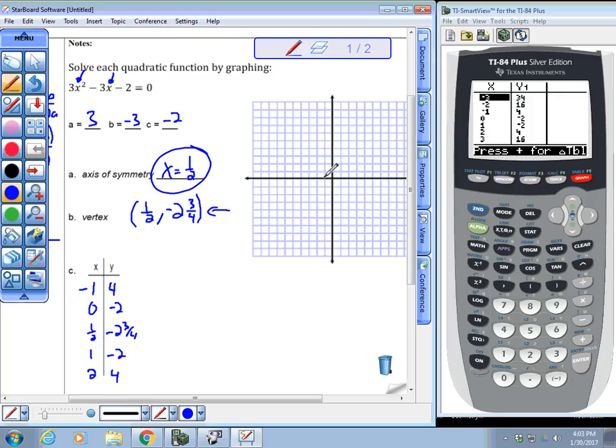Graphing that, we go -1 up 4, 0 down 2, 1/2 down 2 3/4, right in here somewhere. 1 down 2, and 2 up 4.